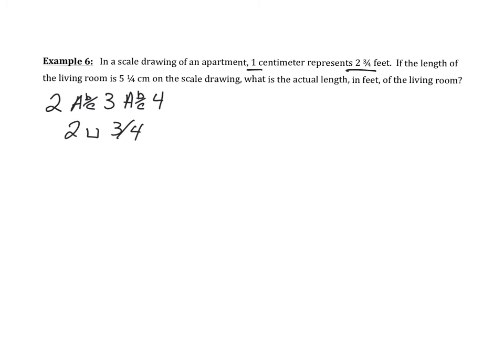Okay, let me verify that I'm telling you the correct thing. Yeah, it'll look exactly like that. This just means and. Okay, so when you're setting this up, you still have the same concept. You're still dealing with 1 compared to 2 3/4. And if the length of the living room is 5 3/4 centimeters on the scale drawing, well, the centimeters was on the top. So the 5 3/4 has to go on the top.